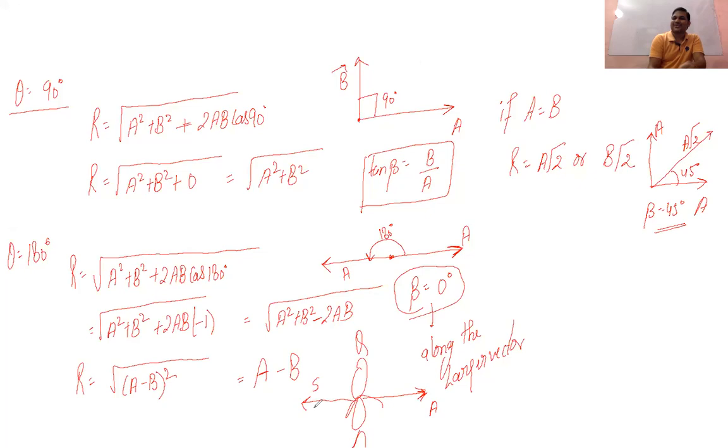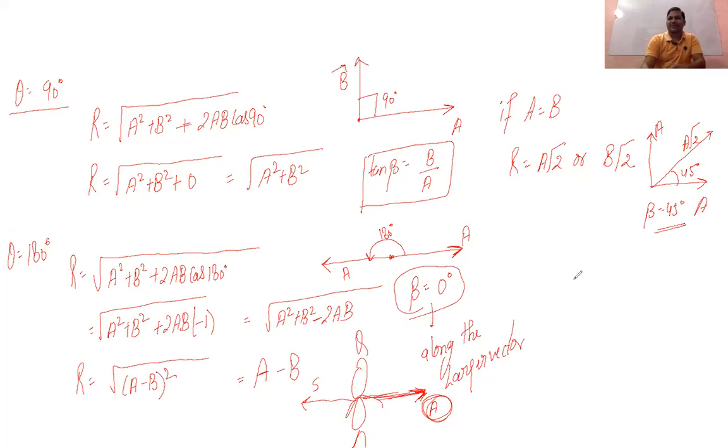So Kutub will be moving towards Ansuman, because Ansuman is applying more force than Satyam. So the net resultant direction will be in this direction, and F net will be the force applied by Ansuman minus the force applied by Satyam.